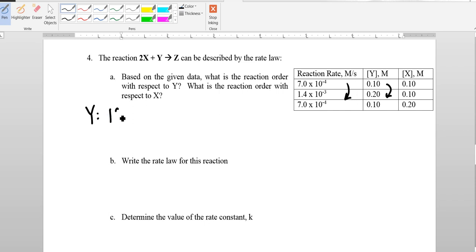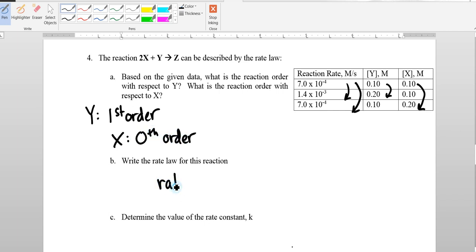So it looks like Y is first order. Now let's look at X. When you compare the first and third, and you double the molarity of X, the rate stays the same. So the concentration of X does not affect the reaction rate. That means X is 0th order. So the rate law is going to be rate equals k times Y.